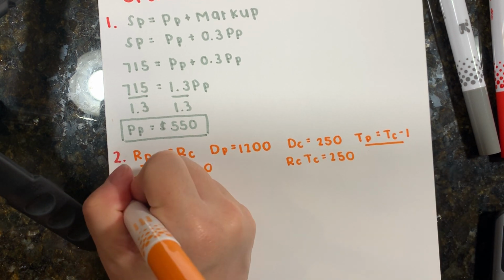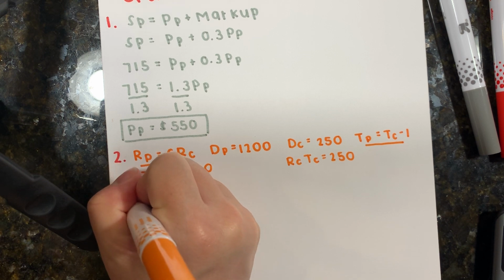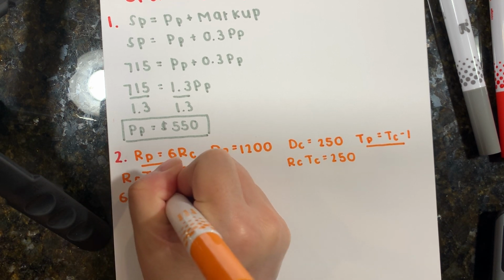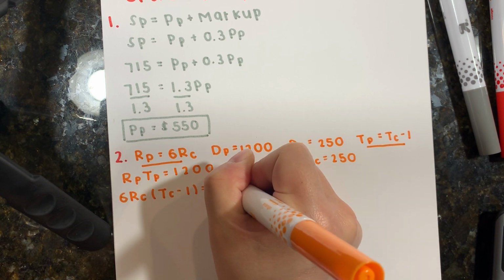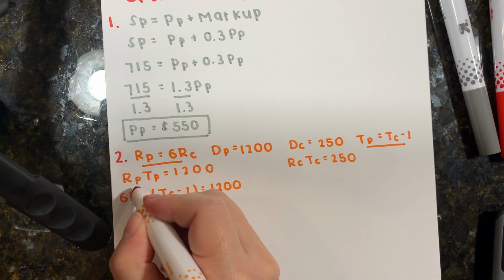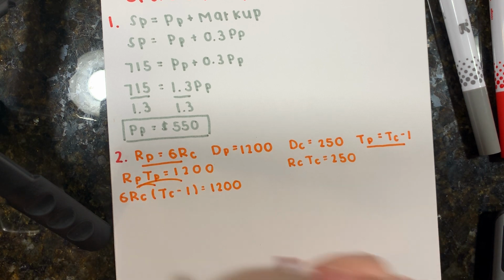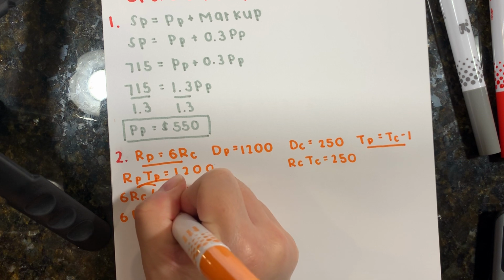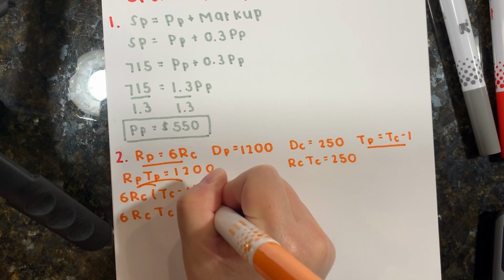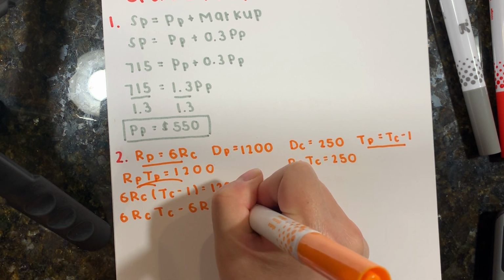So I'm going to plug that in. So it would be 6RC times TC minus 1 equals 1,200. You're going to distribute that. So that'd be 6RCTC minus 6RC equals 1,200.